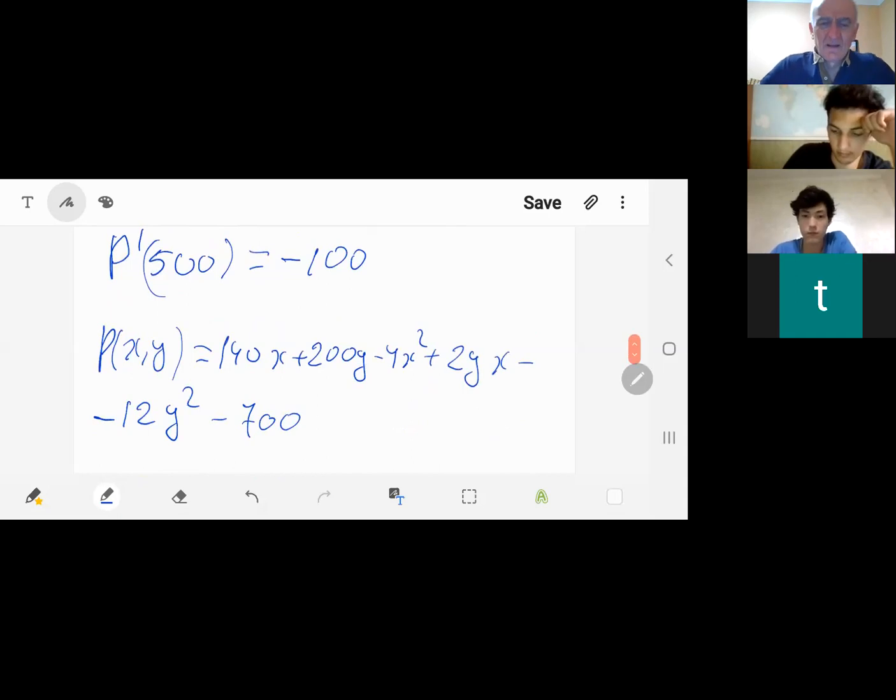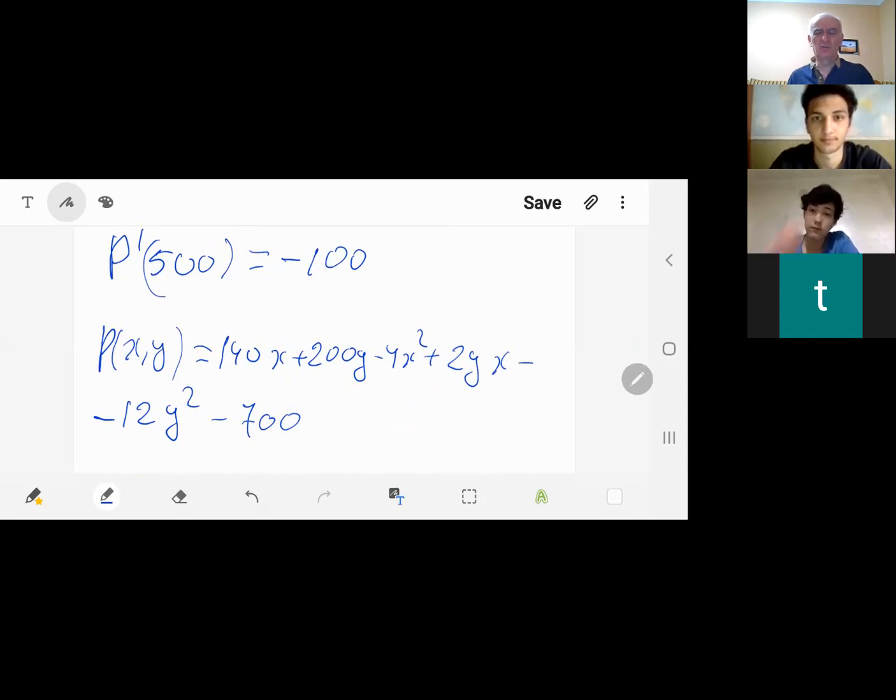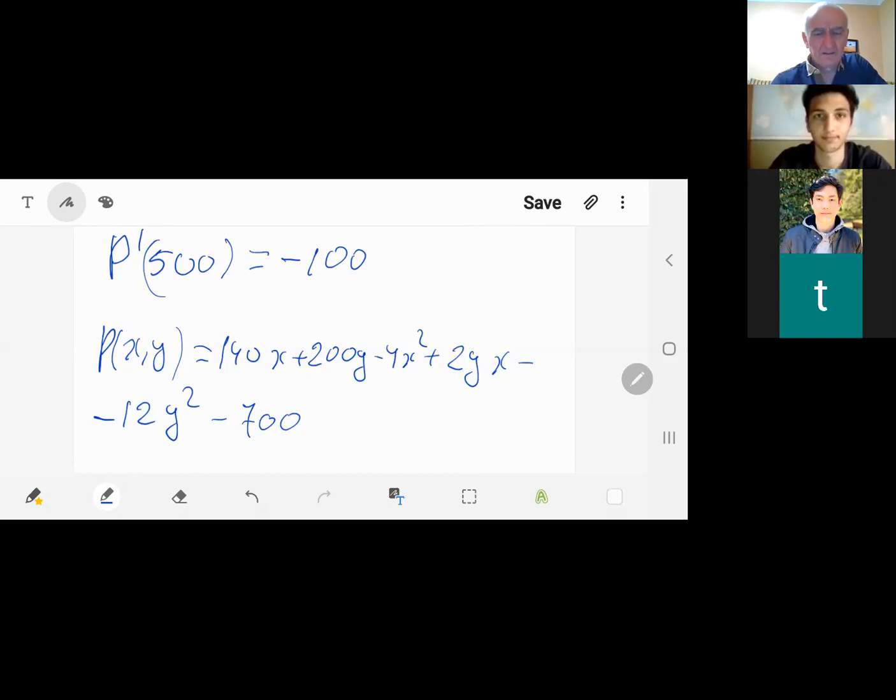In this case, how can you interpret what x and y are? This is the case when a company produces two types of objects. The number of production of one type of item is x, and the number of production of the second type is y.